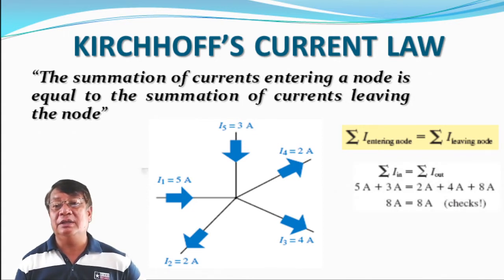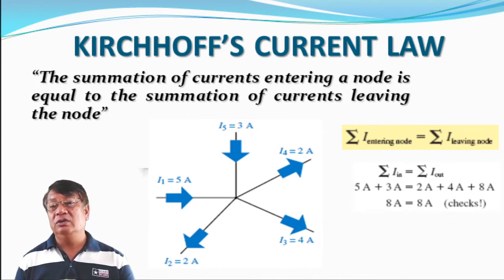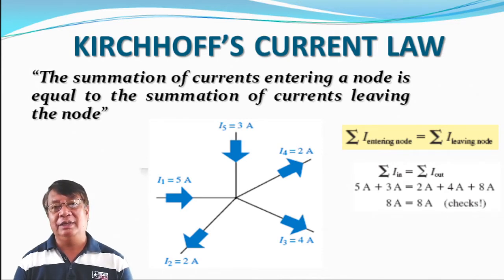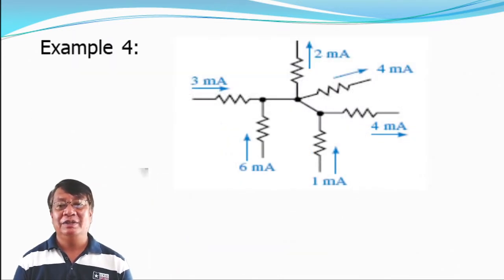The current entering the node is 5 amperes for I1 and 3 amperes for I5, which equals the current leaving: I sub 2, 2 amperes, plus I sub 3, 4 amperes, plus I sub 4, 2 amperes, for a total of 8 amperes. So the current entering the node is equal to the current leaving the node. It's just very simple.